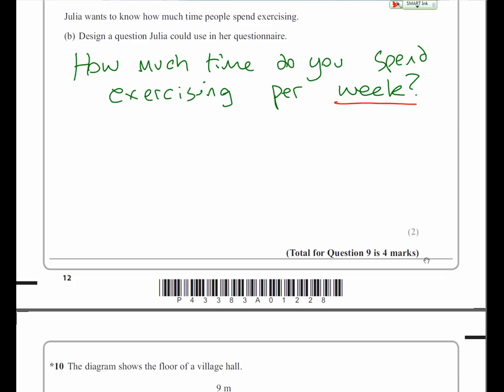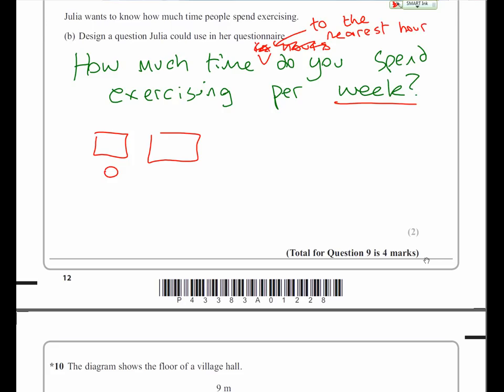So how much time? We could say in hours, add that in. And we could say, or to the nearest hour would be good. To the nearest hour. So we don't have to worry about in between.